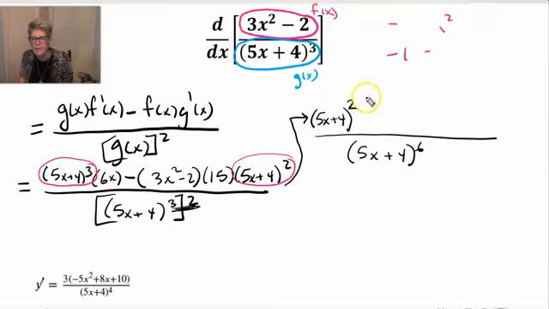And then I'm going to be left with, once you remove a (5x plus 4) squared, this term is going to have one (5x plus 4) left over, then times 6x, then minus, and then this one's going to be completely gone.